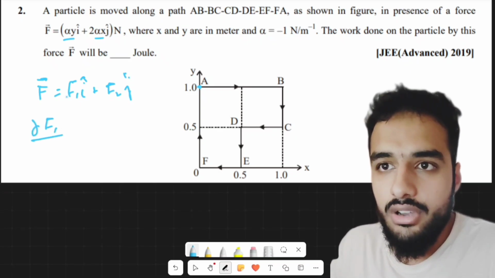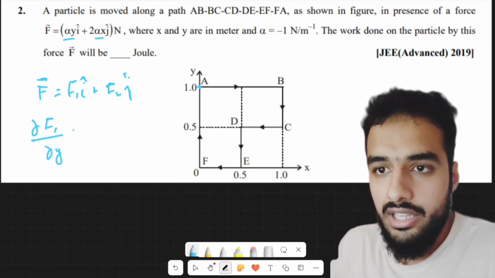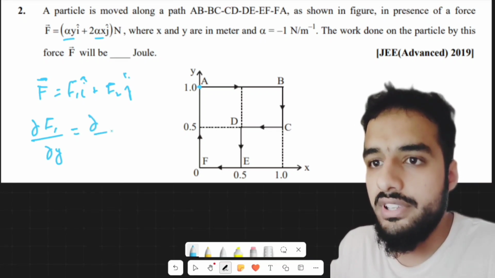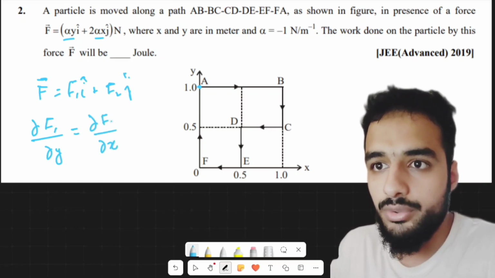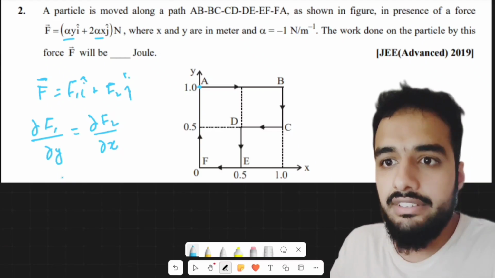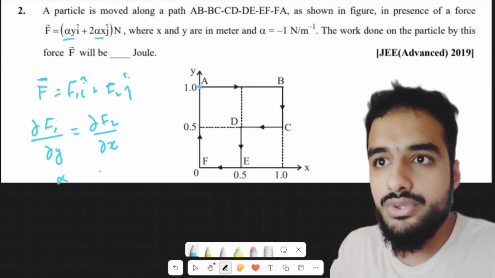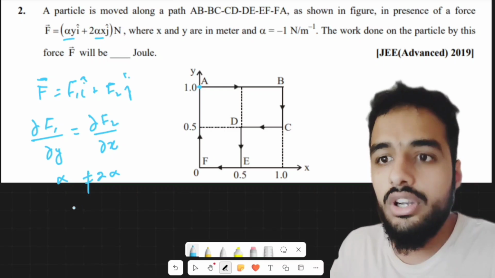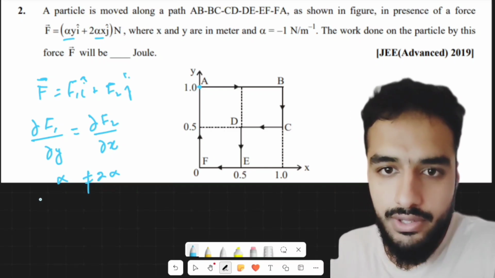Partial differentiation of F1 with respect to Y, if it is equal to the partial differentiation of F2 with respect to X. If we check in this case, this side will give us alpha and this side will give us 2 alpha, isn't that? And they are not equal, and thus I say it's not a conservative force.